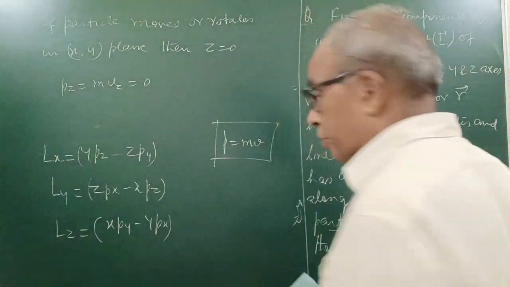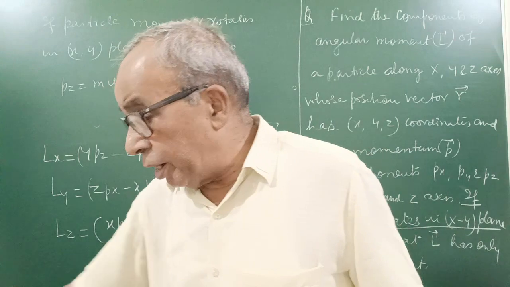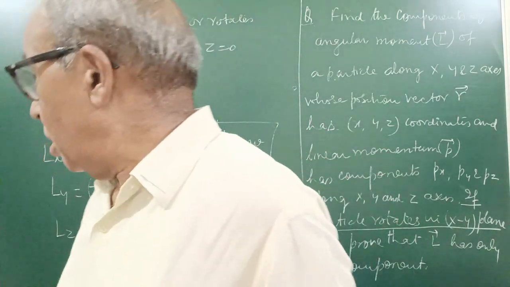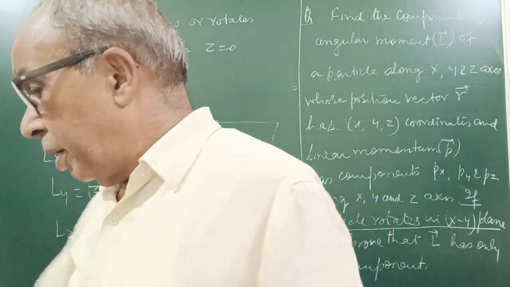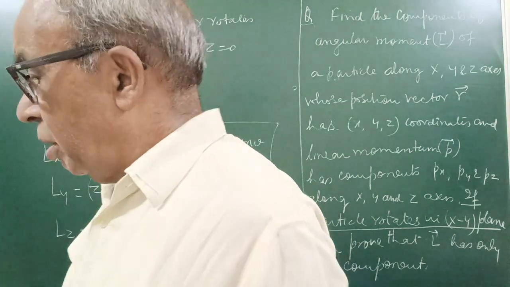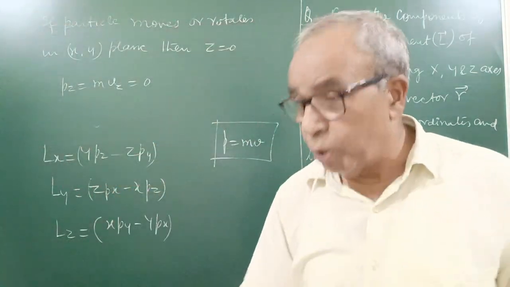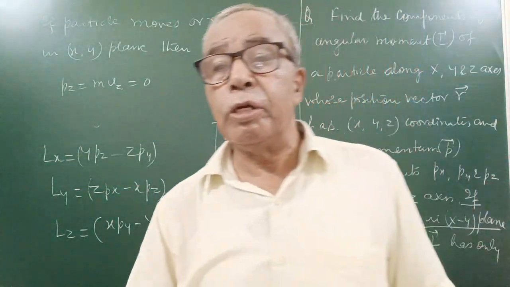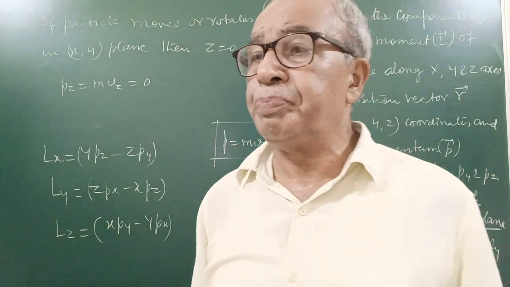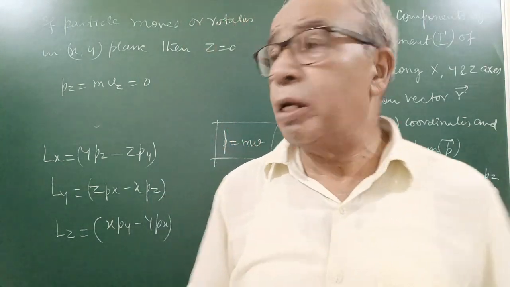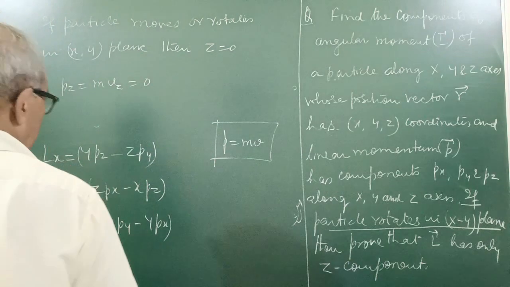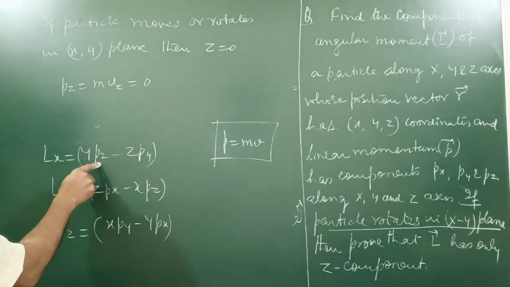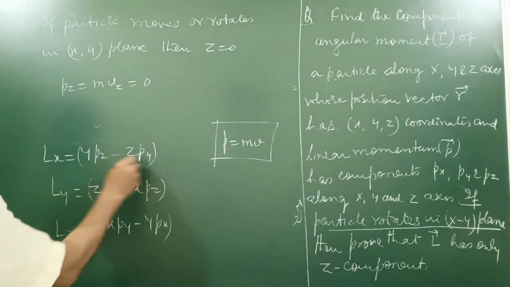You understand or not? x, y, z. If the xy plane is the floor, and the body is moving on the floor, then z is 0, and there are components along the x and y axes. So pz is 0, z is 0.